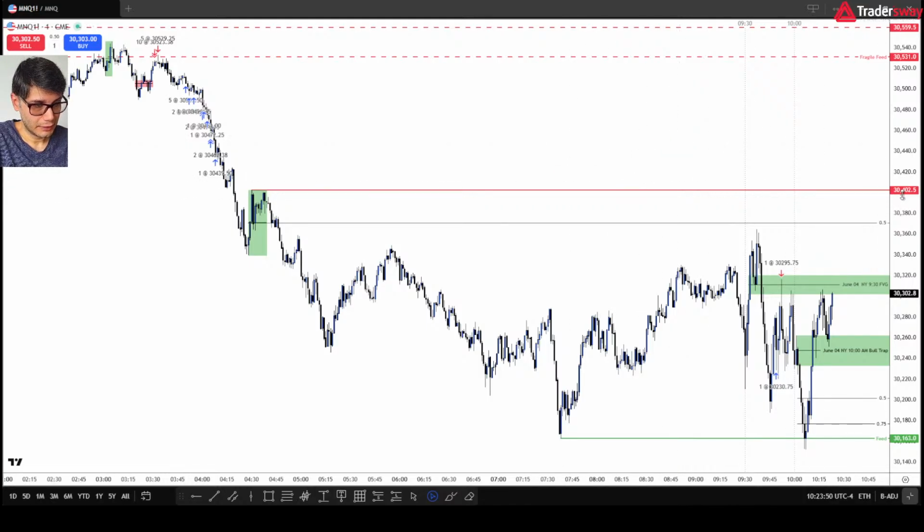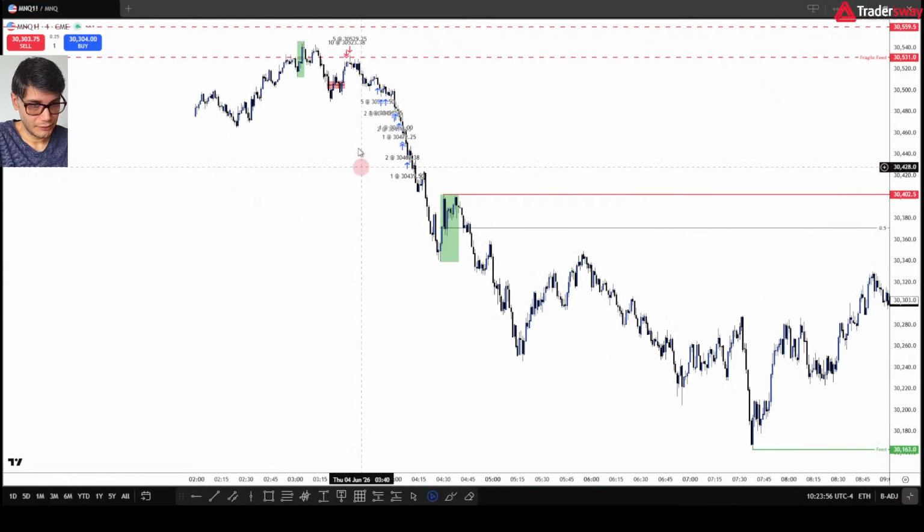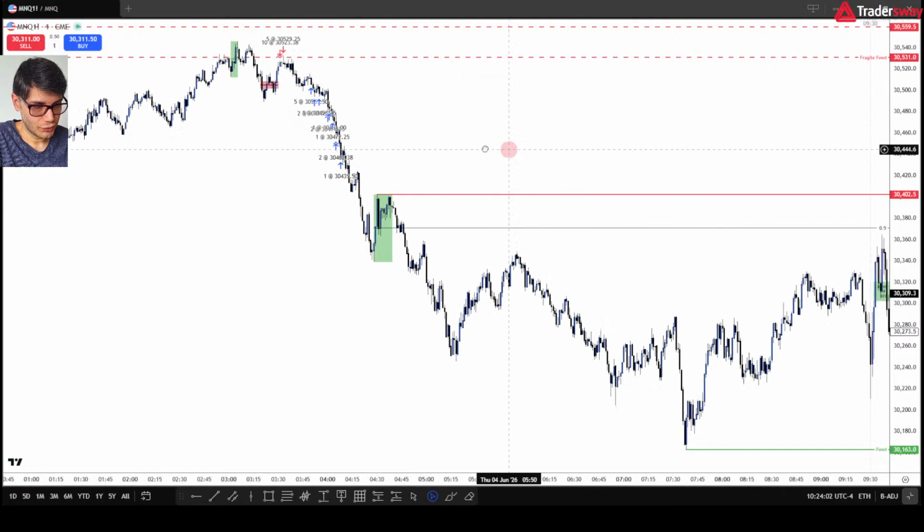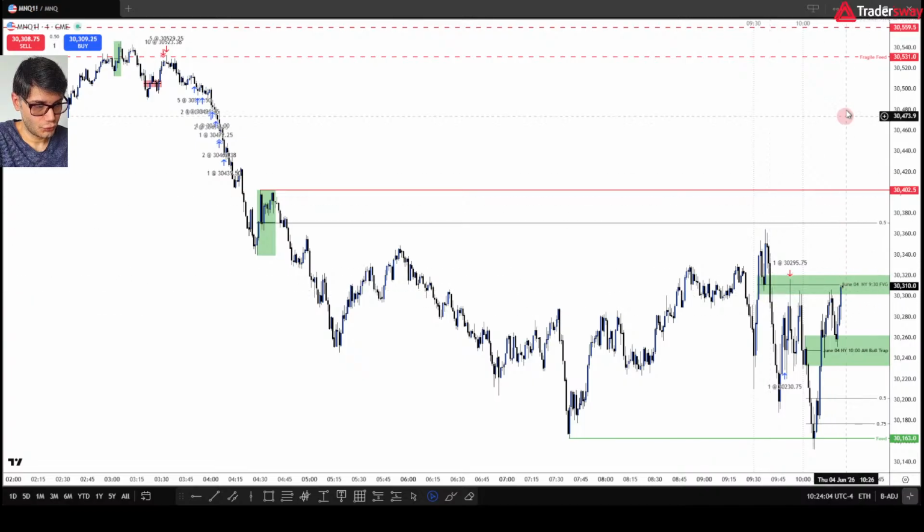However, at 30,402, we have these equal highs, and that's London. New York did not trade this range, so it can shoot up and go higher in this range. That's why I would like to be a buyer in this portion of the chart.